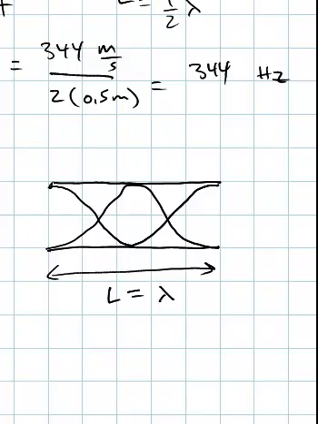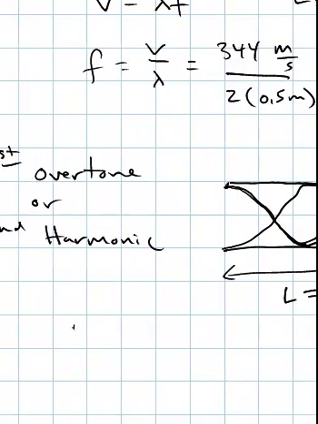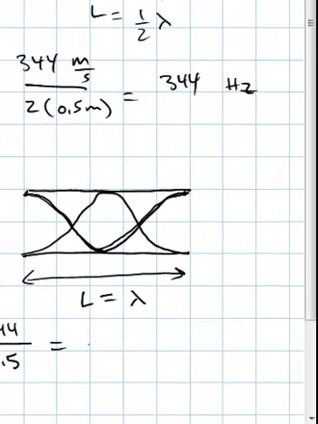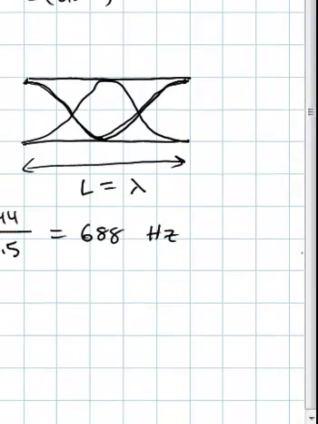You can see we're starting at a maximum, we come down to a minimum, and we come back up to a maximum. So that's one complete cycle. That's one wavelength, and the length of the pipe equals the wavelength. Since the frequency is V over lambda, we get 344 over a half, which is 688 hertz, 688 inverse seconds, 688 cycles per second, different ways of saying the same thing, the units for frequency.